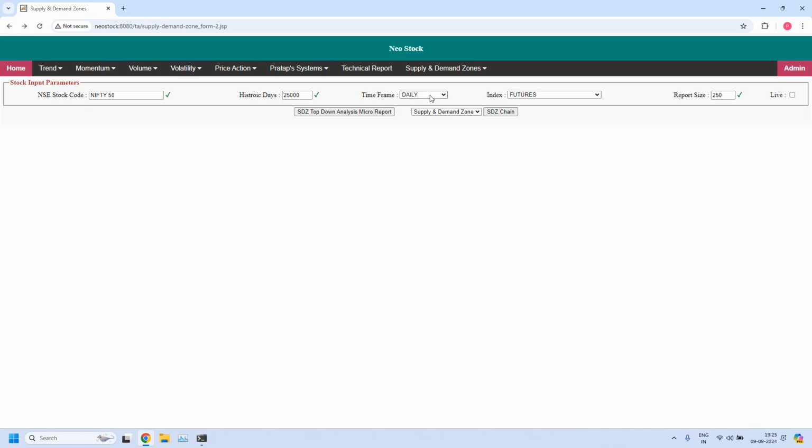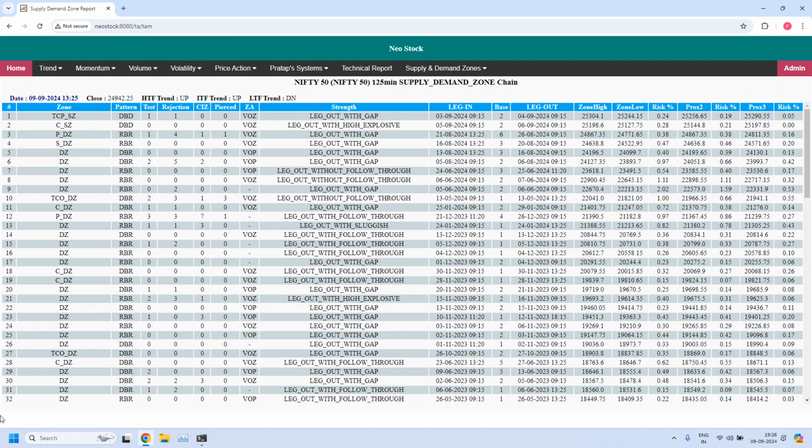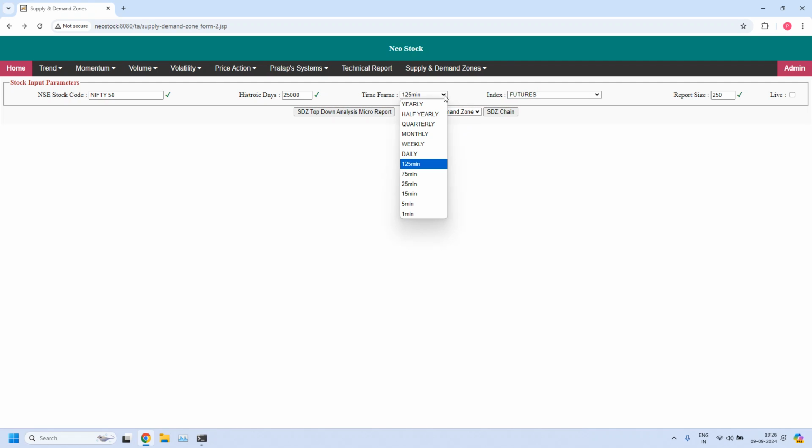Next time frame is 125 minutes. I'm generating the 125 minute supply demand zone chain for Nifty. Next time frame is 75 minutes. I'm generating the 75 minute supply demand zone chain for Nifty.